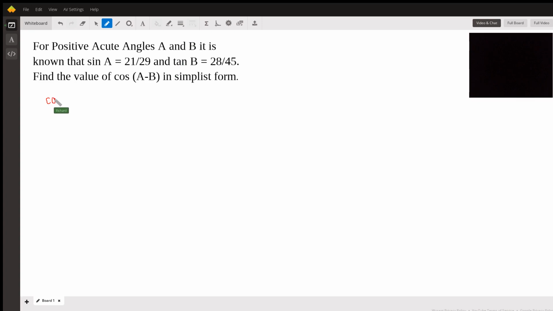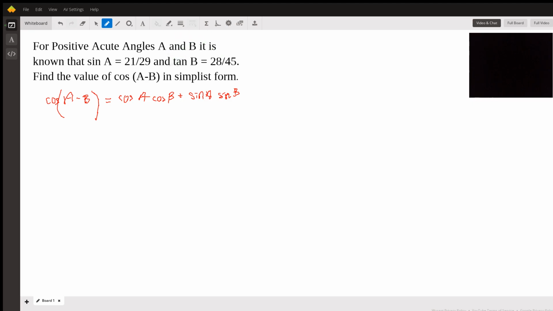The cosine of A minus B is equal to cosine of A times the cosine of B plus the sine of A times the sine of B. So we just need to get these values in here. There are 4 values in here we need to get. Once we have those, we're all set.